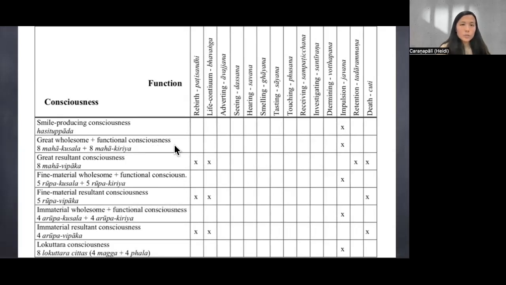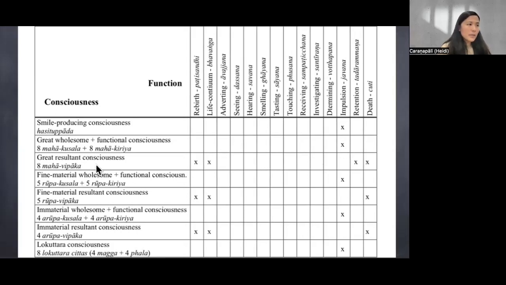So those 8 plus 8, 16 types, also happen during the javana moments. So remember, all the active ones, like the kusala and the akusala, and the functionals, when they're doing good, they only do the javana function.